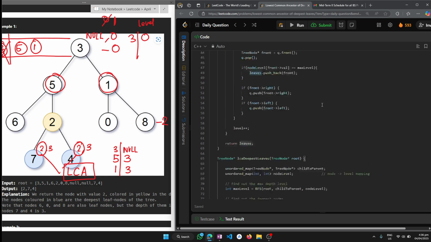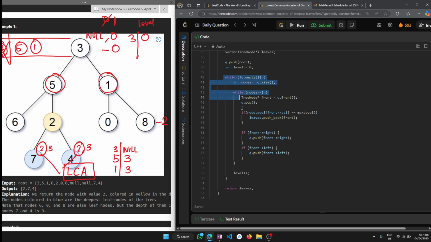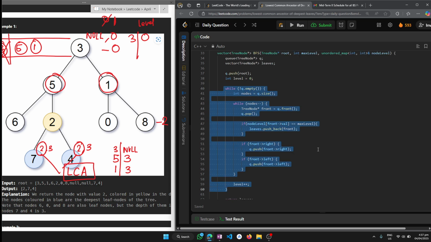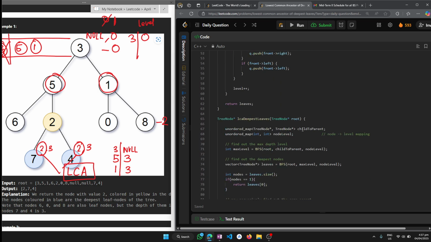Again, the very same thing with just a very brief difference. It's the same breadth first search traversal, literally the same. The only addition is that I have made a vector of tree node over here. What I'm doing is, in the node level map, I am checking whether the node which I am currently processing is present at the maximum level or not. Maximum level is something which I calculated over here and passed over here.